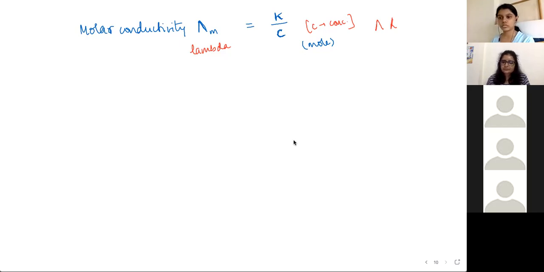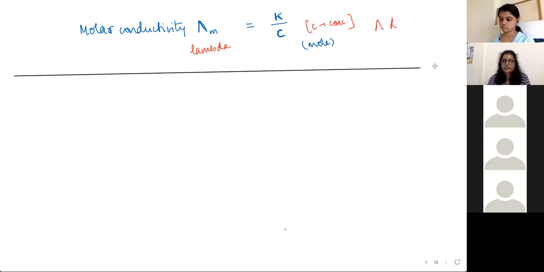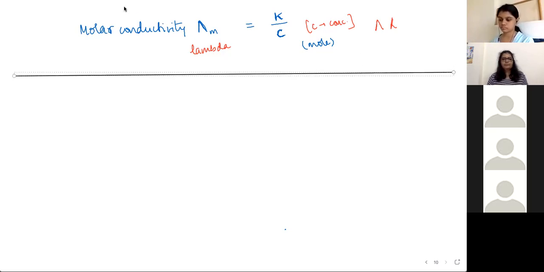The variation, the graphs for strong electrolytes and weak electrolytes, that part we'll do tomorrow. Right now, let me sum up all the formulas and things that we learned related to conductivity.